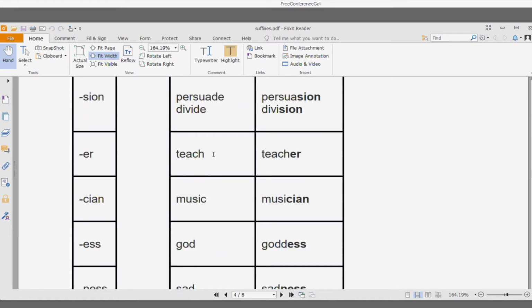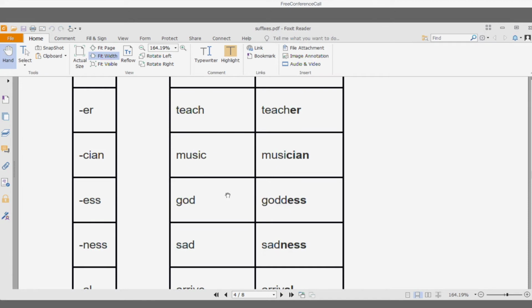ER قلنا اللي تحول لي الفعل إلى اسم، مثلا teacher، act actor، يمثل مثلا ممثل. هذه ال ER أيضا تعتبر derivational اشتقاقية، يعني اشتقنا اسم التيتشر اشتقناه من الفعل teach.